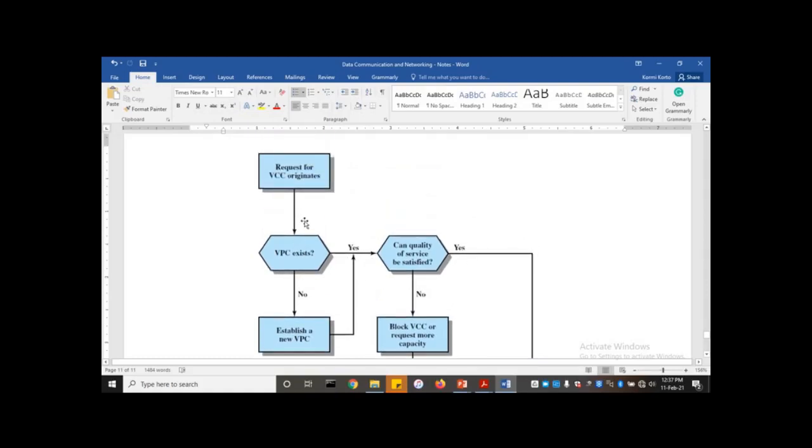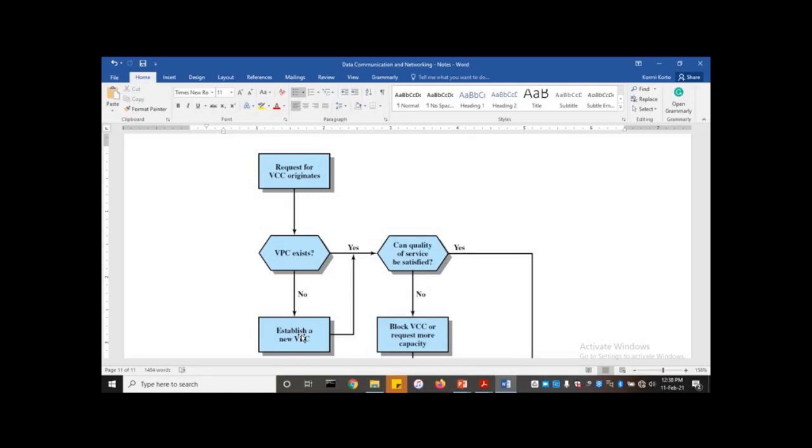Now, if it's a no, then the first VPC that was contacted needs to request or establish another VPC connection within the ATM switch, requesting a different VPC that can carry the traffic or that can meet the quality needs of a given VCC request.